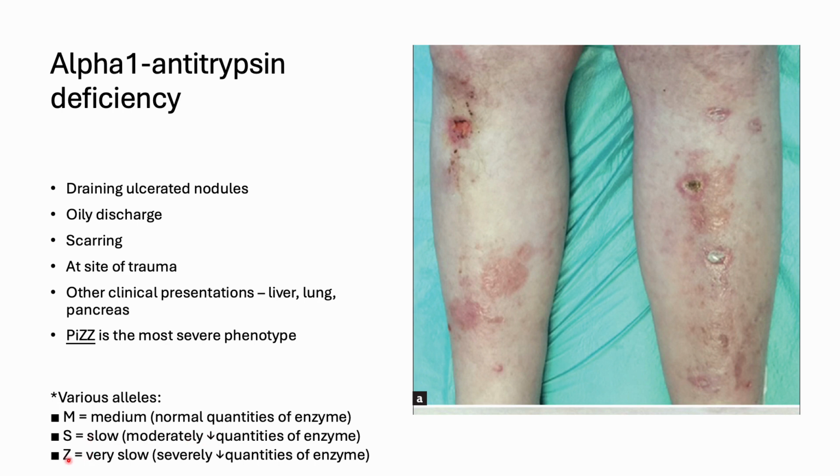Z means very slow, meaning the quantity of enzyme is decreased and severe. Because of that combination, if the patient is PiZZ, that means the patient has the most severe phenotype. I think the board and the RISE exam like to test this point.